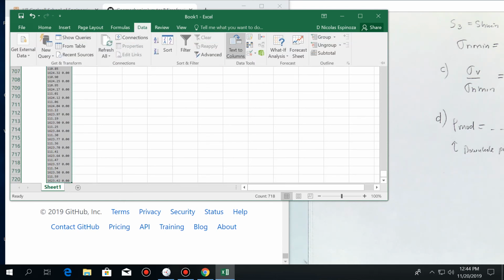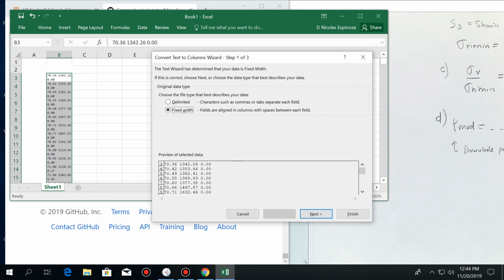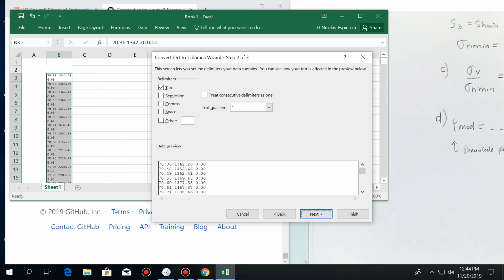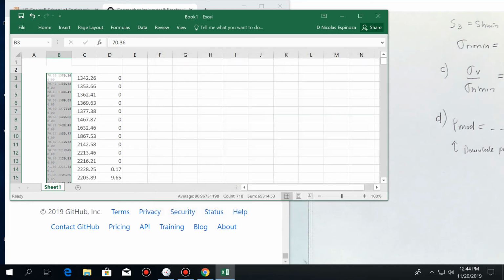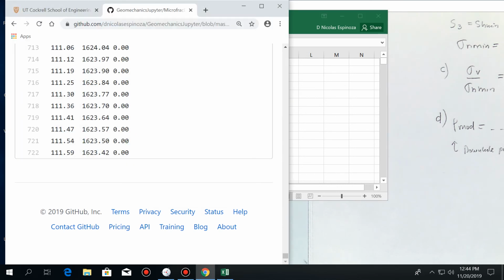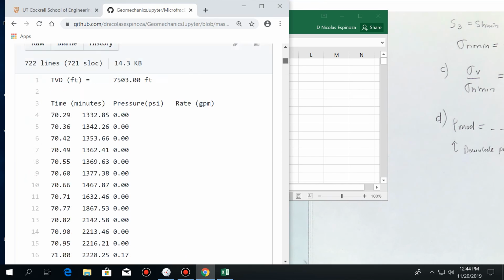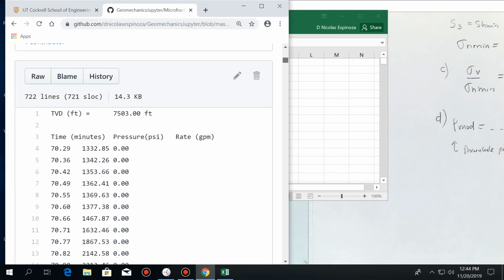So you guys know how to do this. Pore space now is the limiting character, and let's see what we have here. We have time, pressure, and rate.